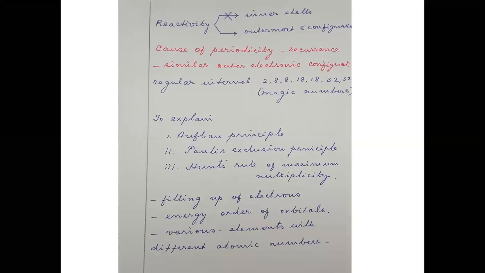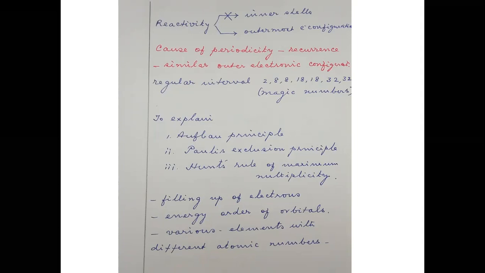See, every electron in an atom can be defined by four quantum numbers: the principal quantum number, which speaks about the orbit; the azimuthal quantum number, which speaks about the orbital; the magnetic quantum number, which speaks about the spatial orientation; and the spin quantum number, which speaks about the direction of spinning of the electron.